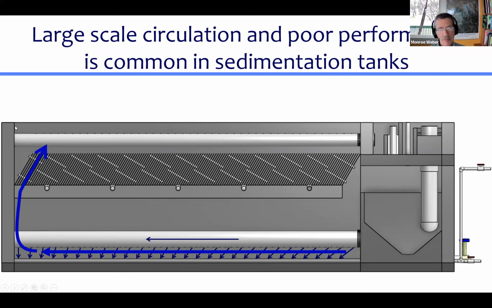And then at some point, there was a retrofit and it was moved back about, I don't know, maybe 10 feet or something. And so it's no longer at the end of the tank. Now, I don't know for sure why that happened, but I have a very good guess.